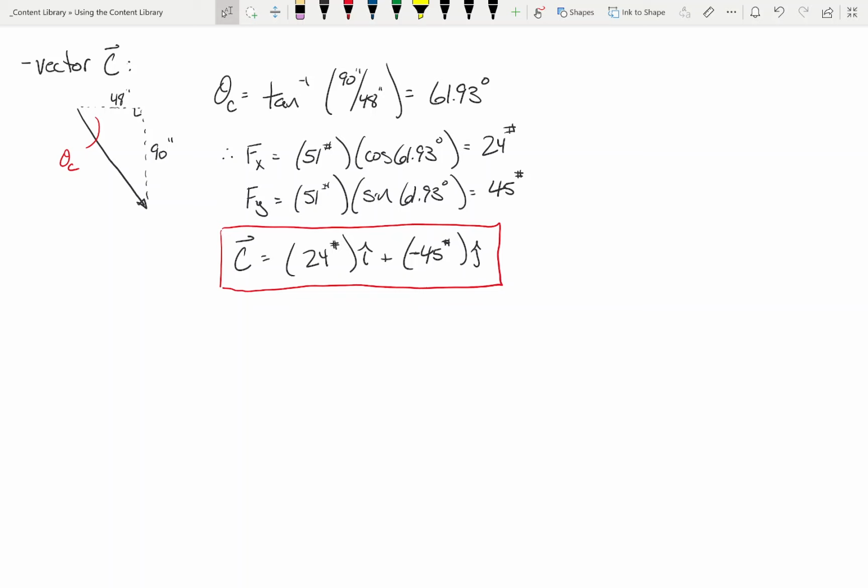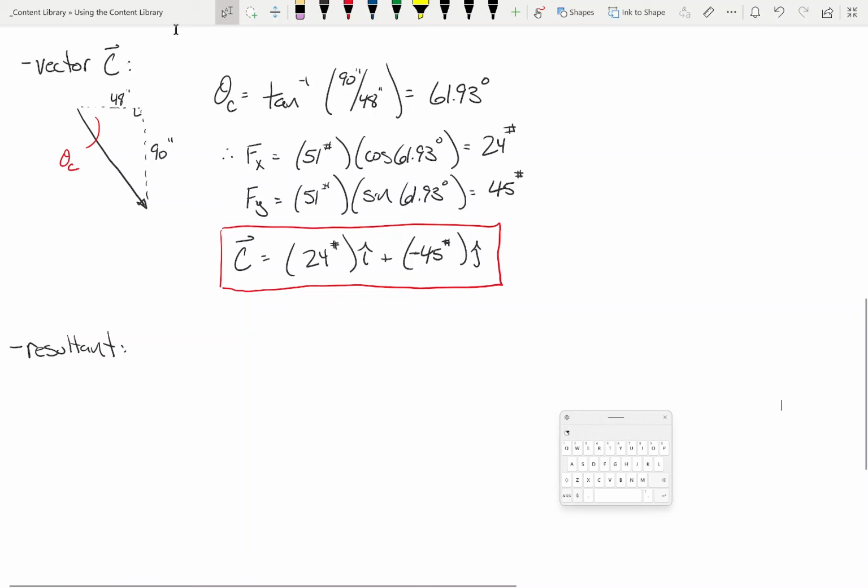Now, in order to compute the resultant is adding the vectors, okay? So let's just sort of write these vectors top to bottom.